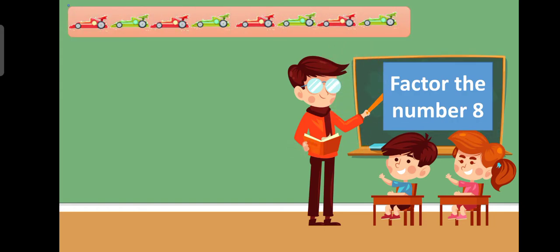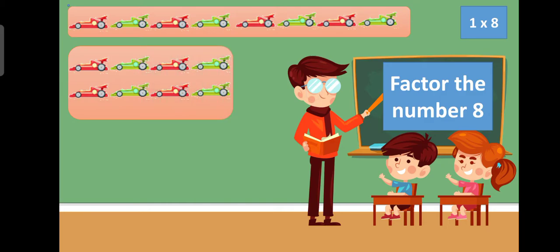So it will be 1 by 8. Or we can arrange them in how many rows? In 2 rows. In each row, 1, 2, 3, 4. So it will be 2 by 4.